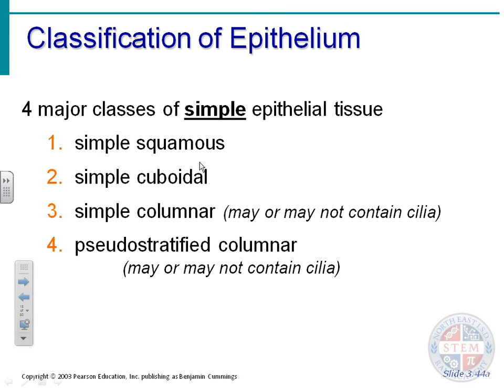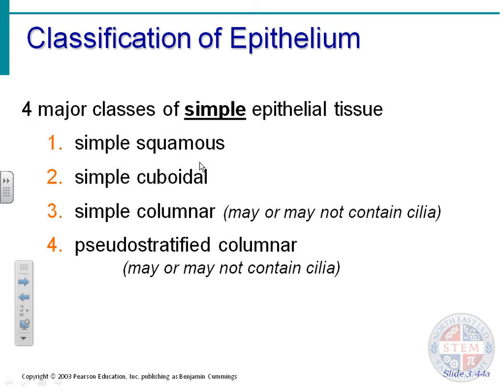Four major classes of simple epithelium. There's simple squamous, simple cuboidal, and simple columnar. Simple columnar may or may not contain cilia. And then we have pseudostratified columnar, which is one of those weird ones. Pseudo means false, so it's false stratification.